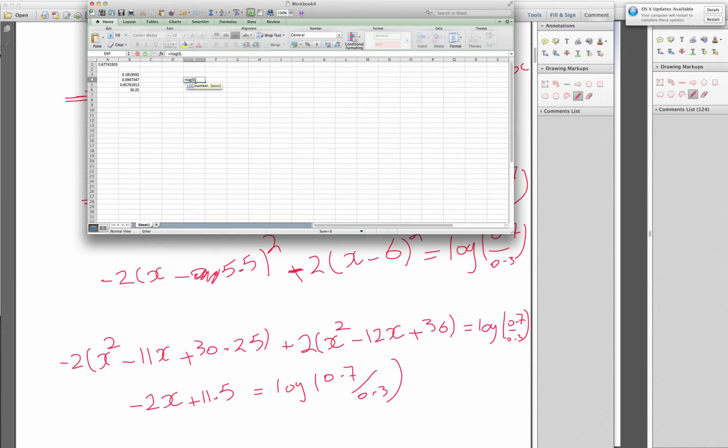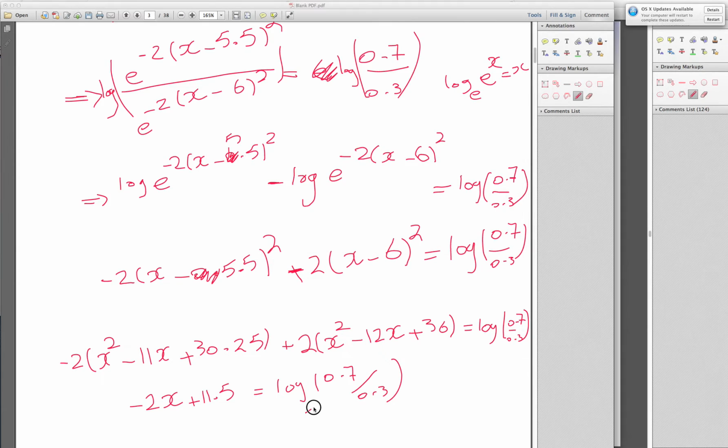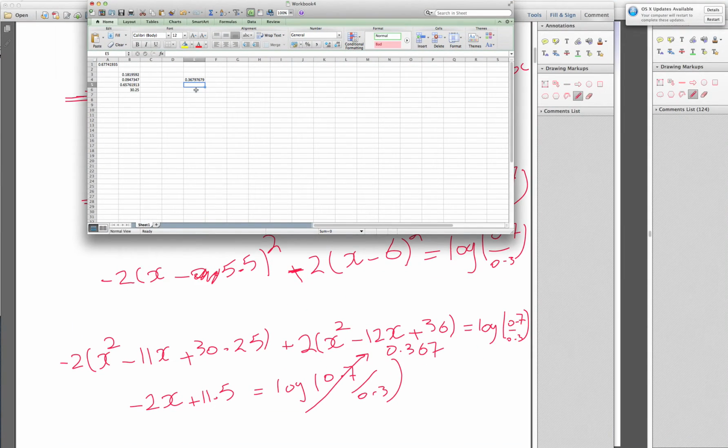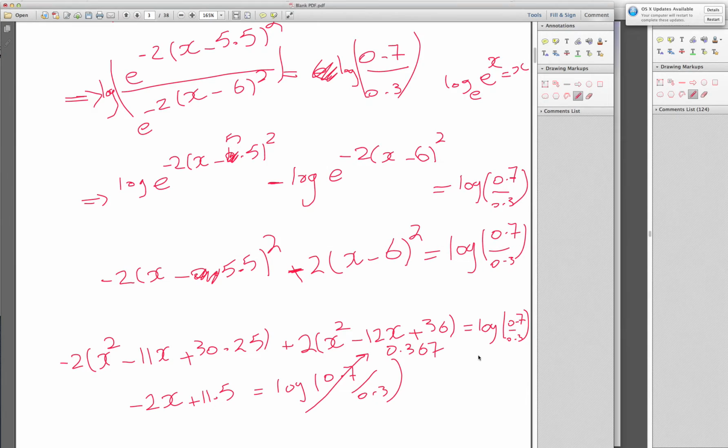Log of 0.7 divided by 0.3. This is 0.367. Oh, I took log, I guess. That was wrong. I should take ln. So that's ln. I am sorry for that. That is 0.847.